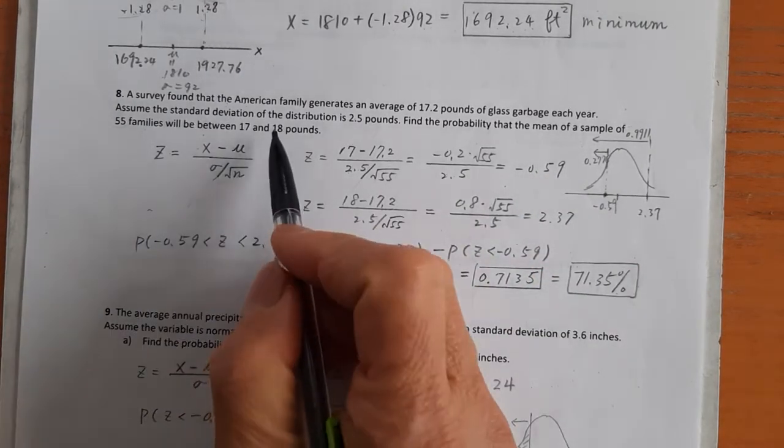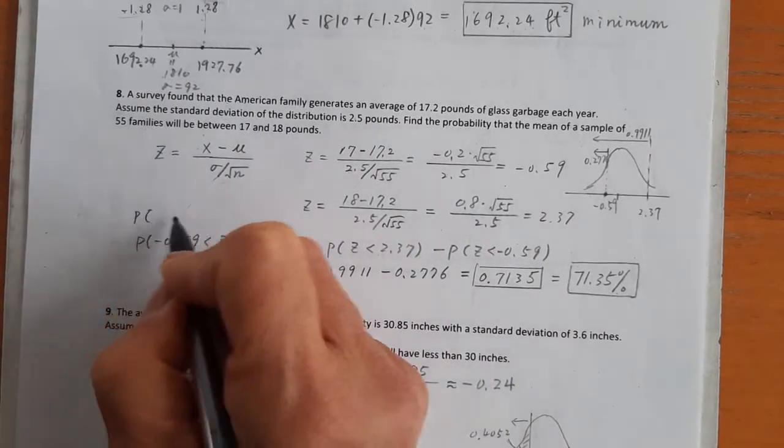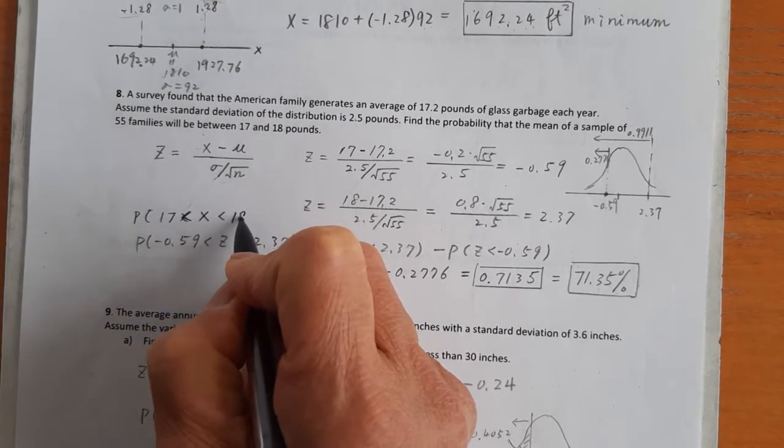Another one, when x is 18. So we are looking for the probability when x is between 17 and 18.